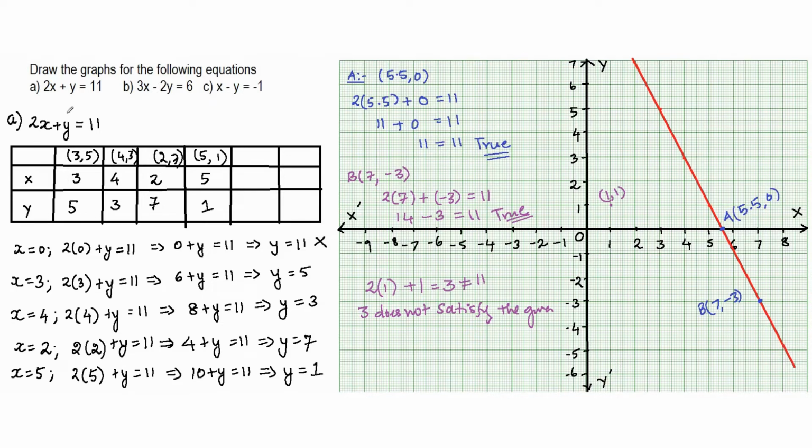So the left hand side came out as 3 and the right hand side is equal to 11. So 11 is therefore not equal to 3, and therefore the point does not satisfy the given equation. And that is why 1, 1 does not lie on the graph of this particular equation. So I can safely say that only those points which satisfy this particular equation, they lie on the given line.